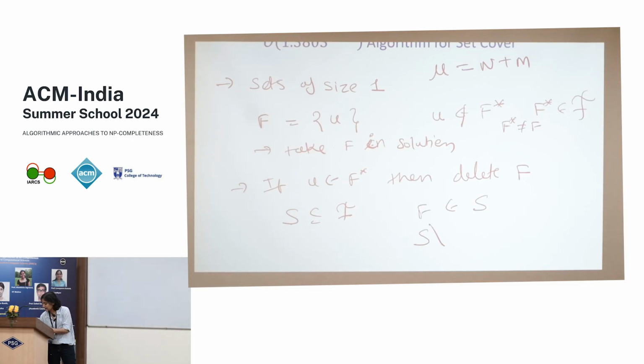I can take F out of S and I can add F star. Maybe F star is already present in S. In that case, I don't need to do anything. The solution strictly decreases. Otherwise, I just take out one and add one. Right? So the solution size remains the same. I am still giving you an optimum solution. Right? So suppose this is some optimum.